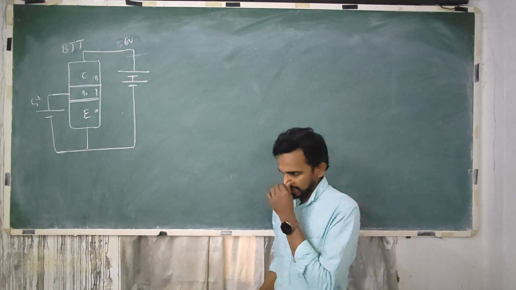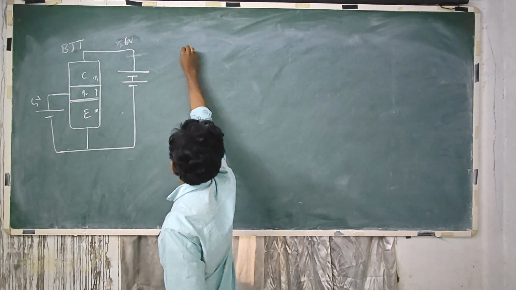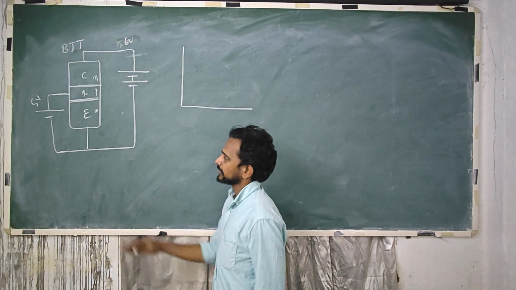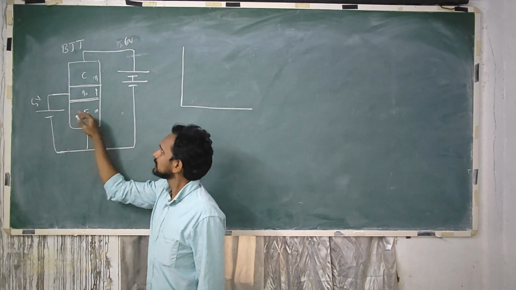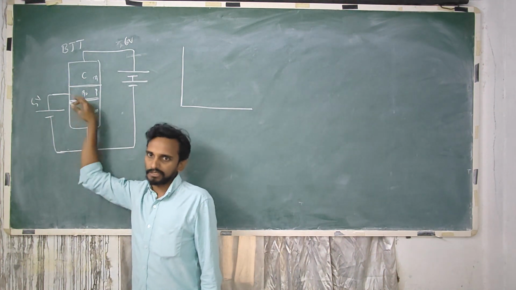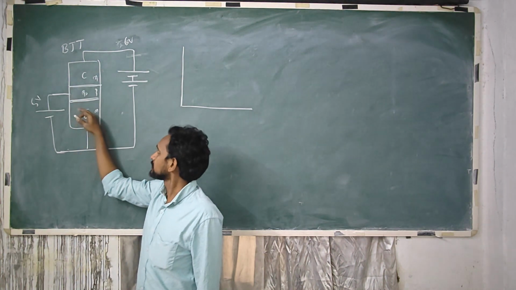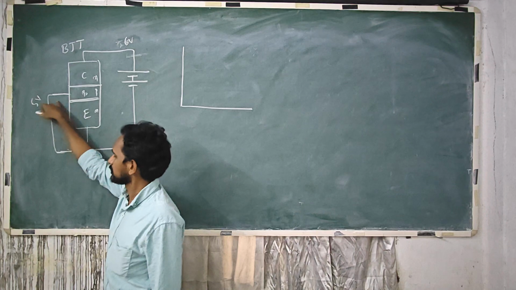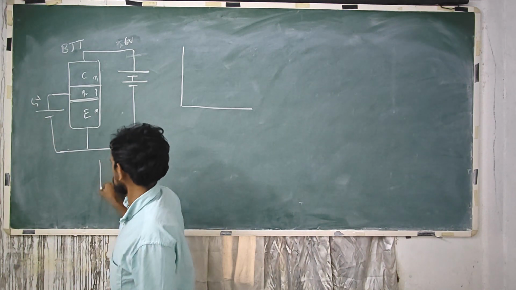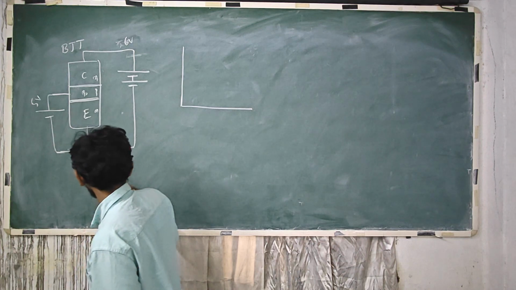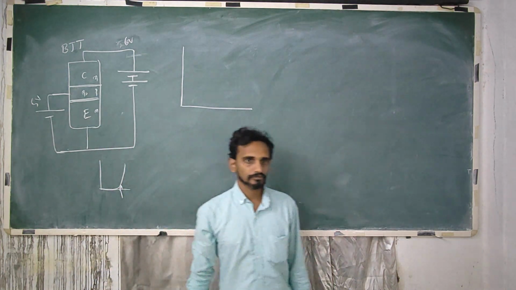Okay. So now what happens if I give some potential to this? So I gave 5 volts, let's say here. So this emitter base junction is forward biased, and this is more than the knee potential for the forward biasing of the diode.